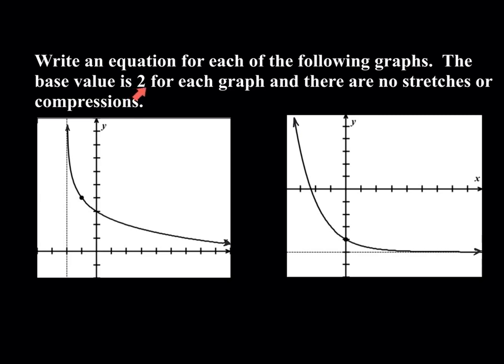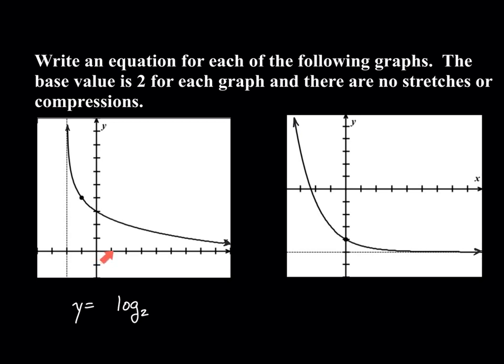All right, so what I'm giving you is the information that the base value is going to be 2. And like I said here, the graph on the first one is going to be a logarithm. So we're going to call this log base 2 to start out with. Now on your logarithm, remember the parent function point was at 1, 0.